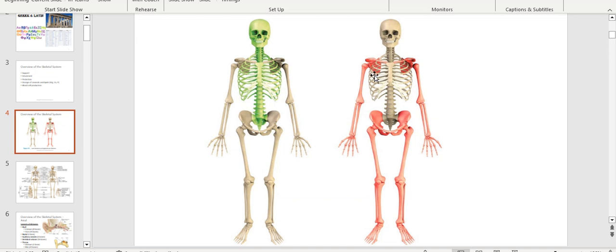You'll see here the clavicle, the shoulder blade on down, the scapula, humerus, radius, ulna, it's all for locomotion, movement. The axial skeleton comes down and includes the coccyx, but does not include the hip bones. Then you have the femur, tibia, fibula on down, again for locomotion. So axial skeleton, appendicular skeleton.